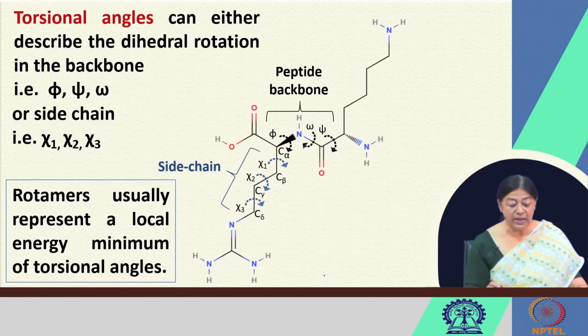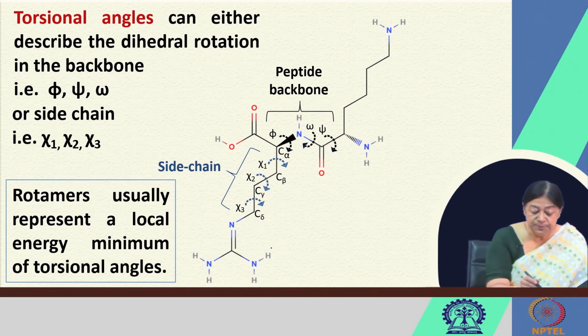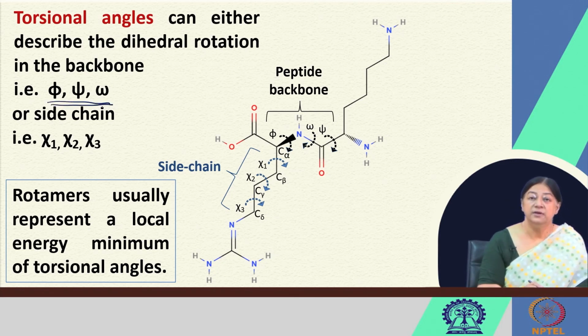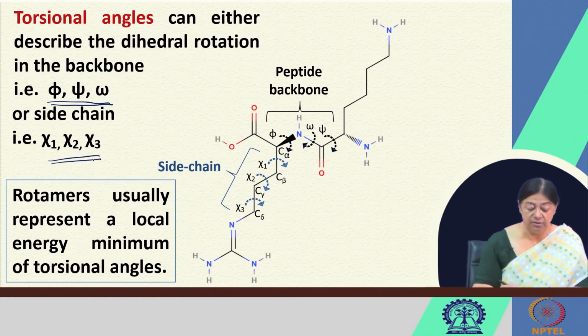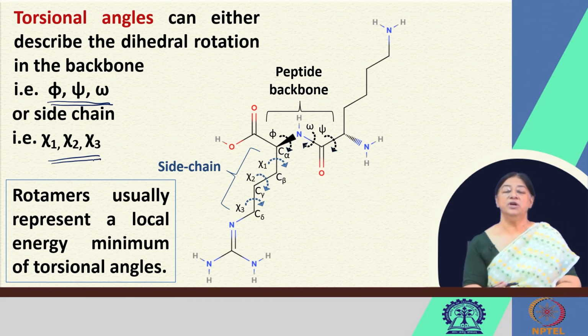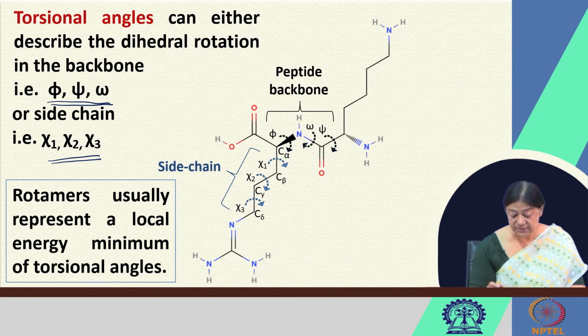So, if we look at the torsional angles that describe the dihedral rotation, there are specific dihedral rotations which we will study in a minute, very important for the protein backbone geometry, and these are the side chain rotamers that give a library of possible structures because of the rotation along the chi1, chi2, chi3. What do we mean by this?